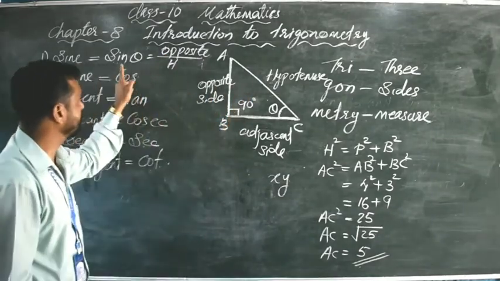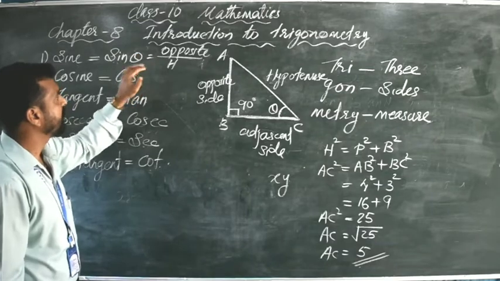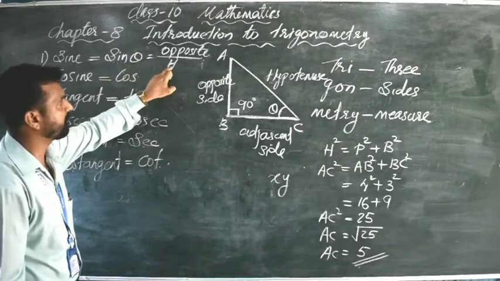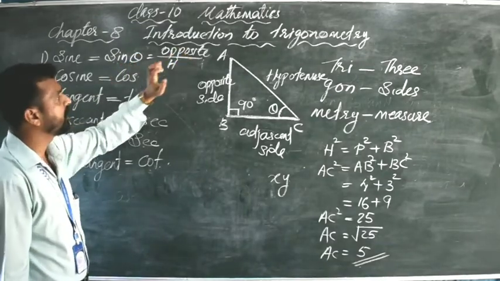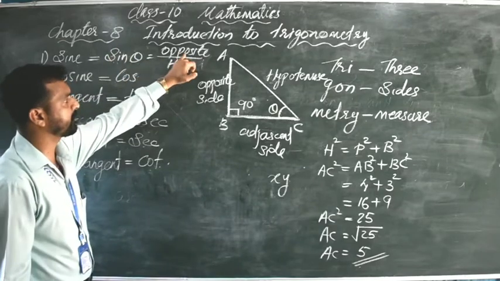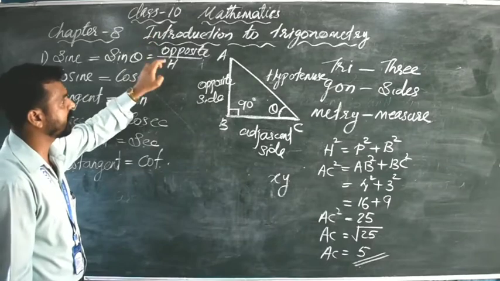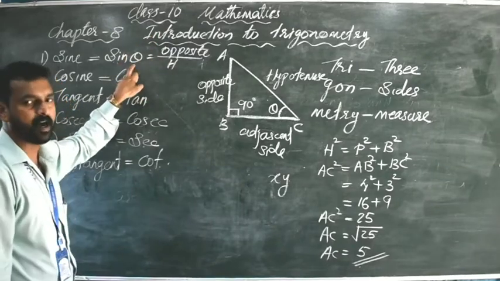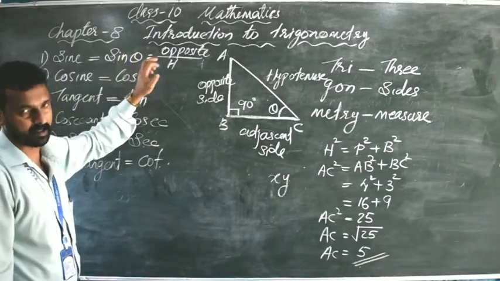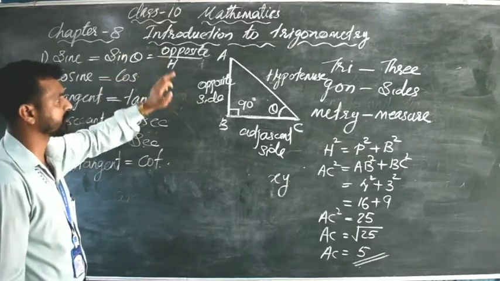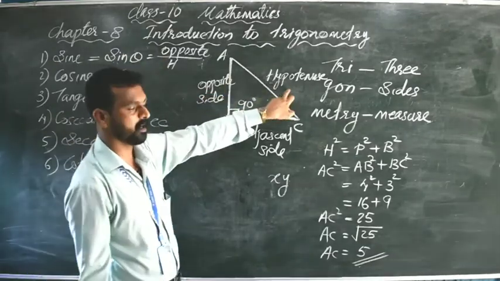So using this relationship, if we know the angle and hypotenuse, we can find out the opposite side. If we know the angle and opposite side, then we can find out the hypotenuse. Or if we know the opposite side and hypotenuse, then we can find out the angle also using this ratio.